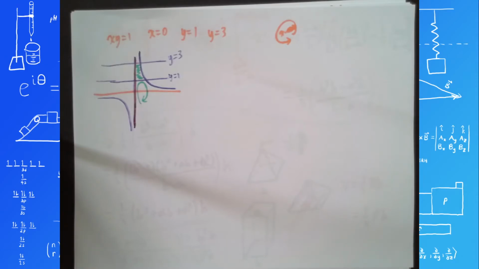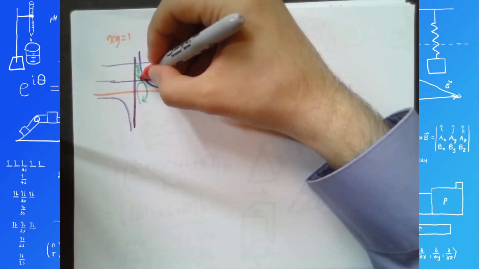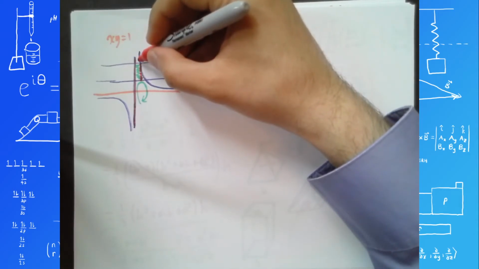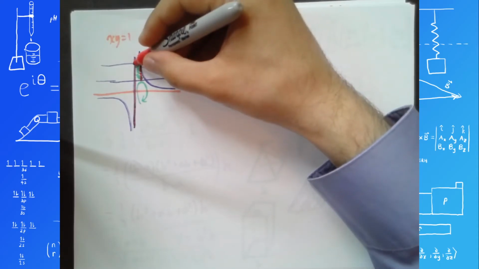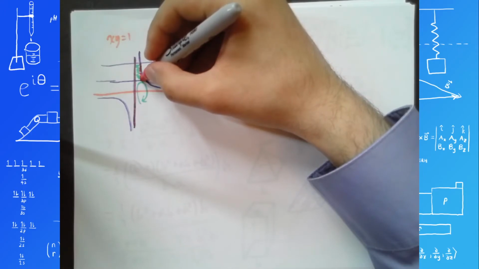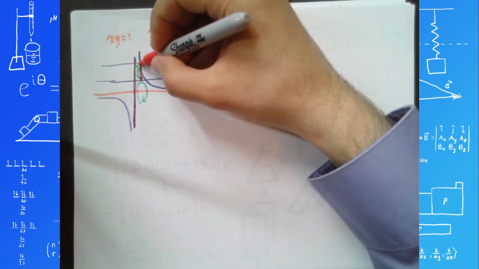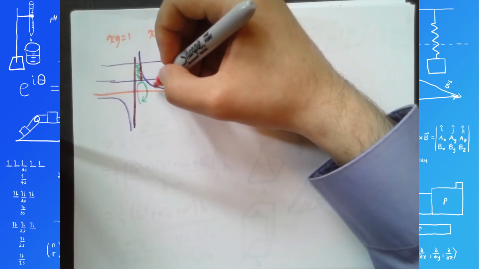And if you did that, you would just have to split it up into 2 integrals, because for one of the integrals your outer radius is going to be from the x-axis to y equals 3, and then for the other part it's going to be from the x-axis to, I guess, y equals 1 over x.